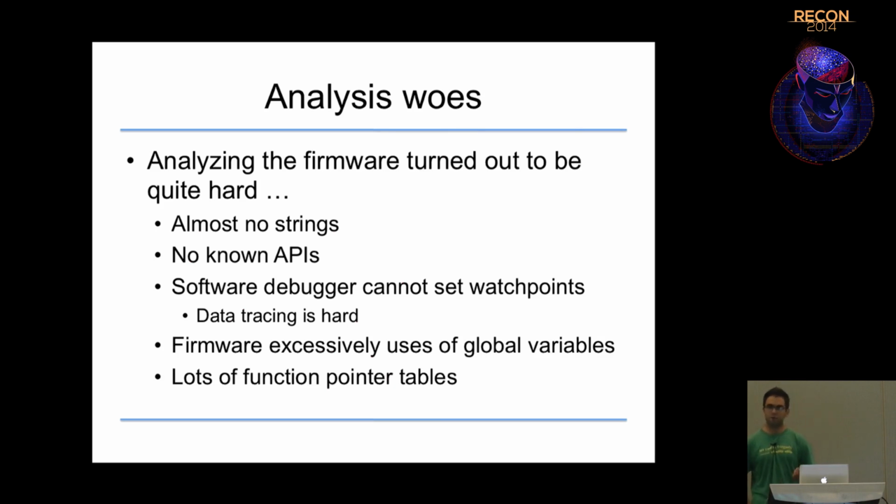And in addition to that, the firmware uses global variables excessively, which makes it really hard to trace when data is accessed. And finally, you have also lots of function pointer tables, which is not very nice with IDA's auto analysis because IDA is not able to recover that these are function pointers, and you need to find all those tables yourself and mark them.